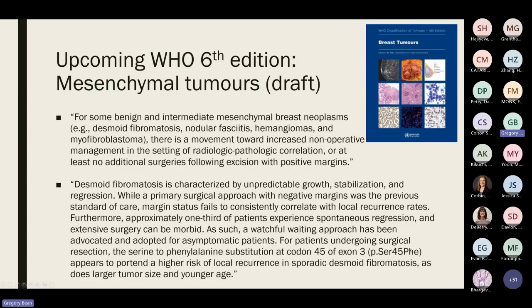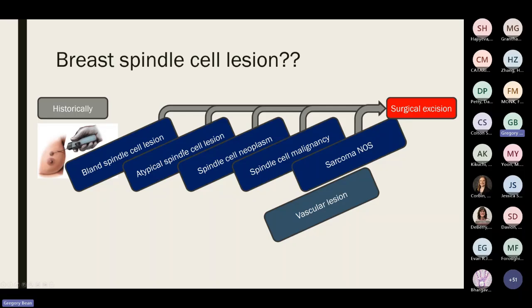There's also a specific alteration in codon 45 that appears to portend a higher risk of local recurrence in sporadic fibromatosis, as do larger tumor size and younger age. So a number of factors will go into deciding whether to do watchful waiting or a conservative excision.